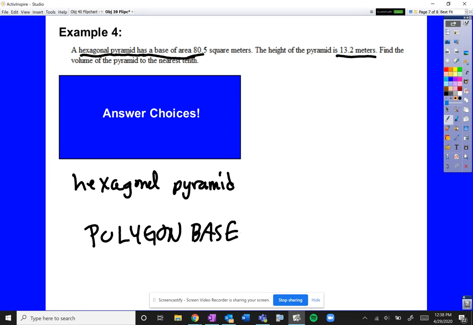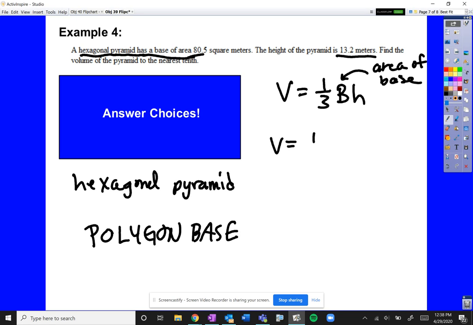So we can't use length times width times height, because that's only for rectangular pyramids. So we have to use our 1/3 capital B times H. And we know that capital B represents the area of the base. So we have 1/3, the area of the base 80.5, times the height of 13.2.